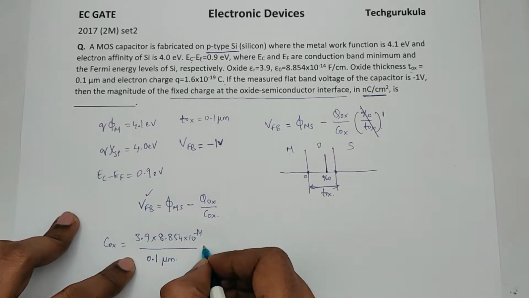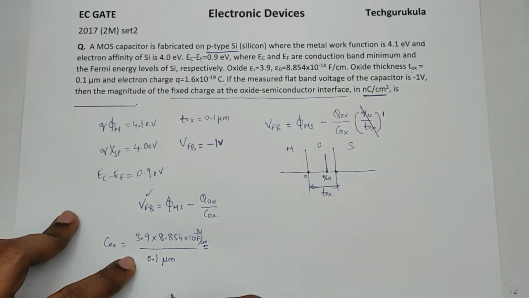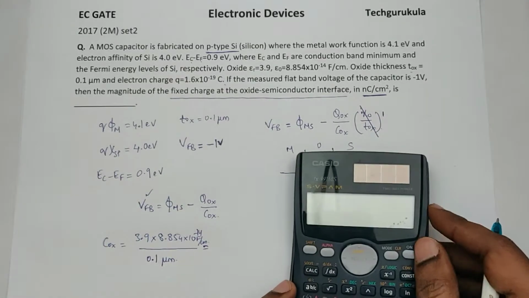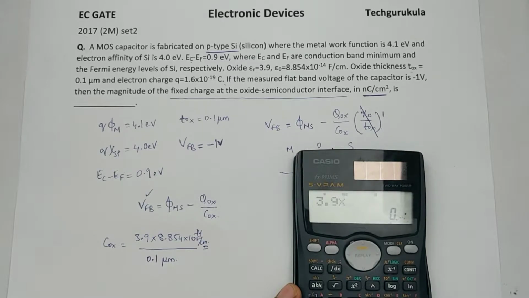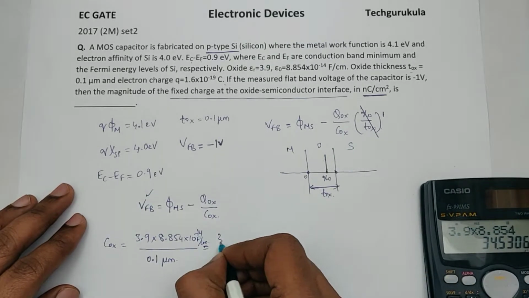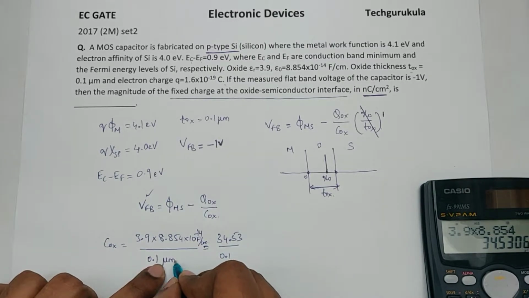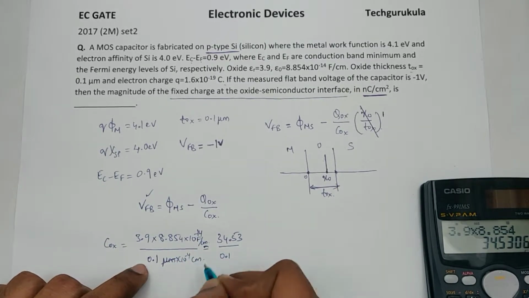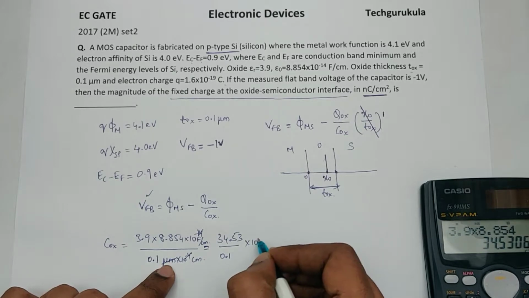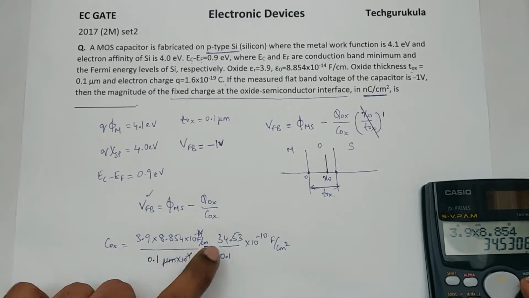This is in farad per centimeter, so let's calculate per centimeter square. 3.9 times 8.854 is 34.53, divided by 0.1 times 10 power minus 4 centimeters, so it becomes 10 power minus 10 farad per centimeter square. Now we know Cox.